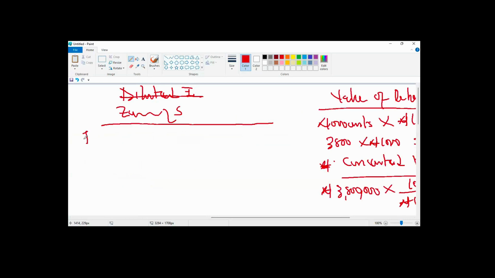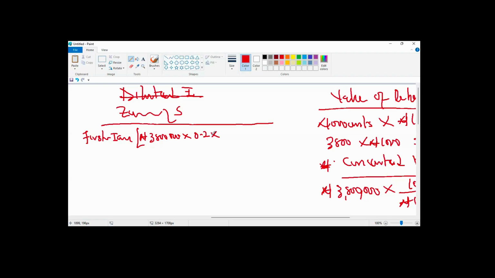The base of the earnings: for those who converted, 3.8 million times the interest they are collecting, 20%, which is 0.2. When does it convert? 1st of May.